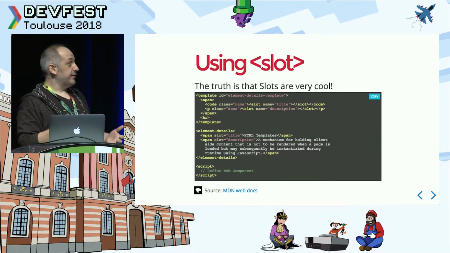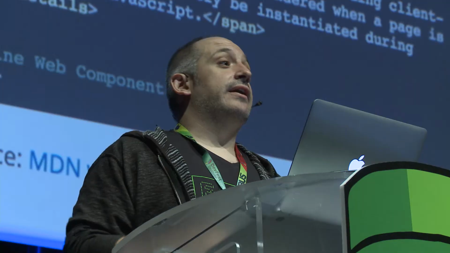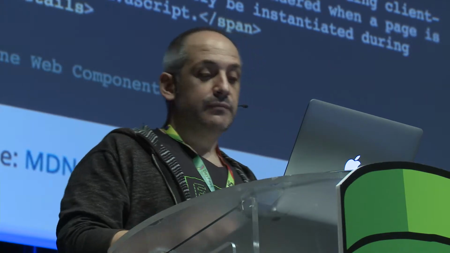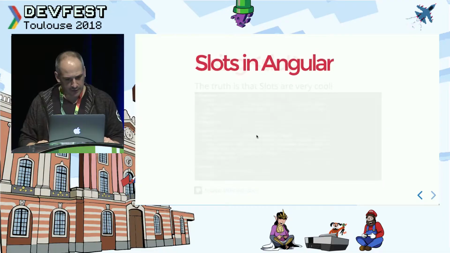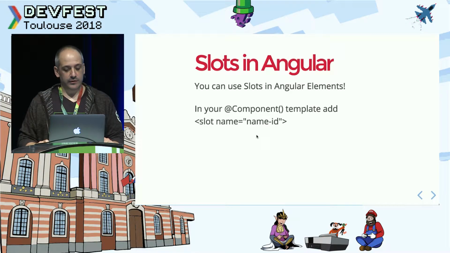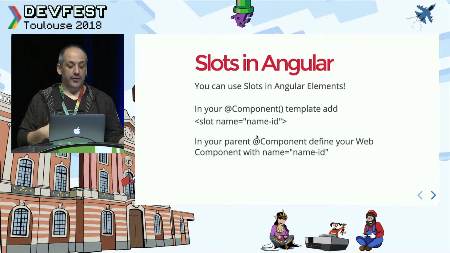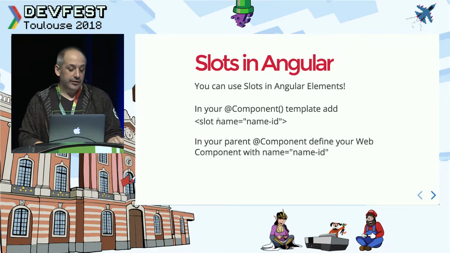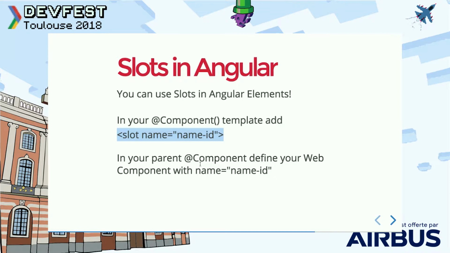web components. And I think that it's very cool because we can use it right now also in Angular v7 because it is supported. So slots in Angular: in your component, you just add the slot with the name. And in your parent, you can define the slot attribute with the name that you want to match.